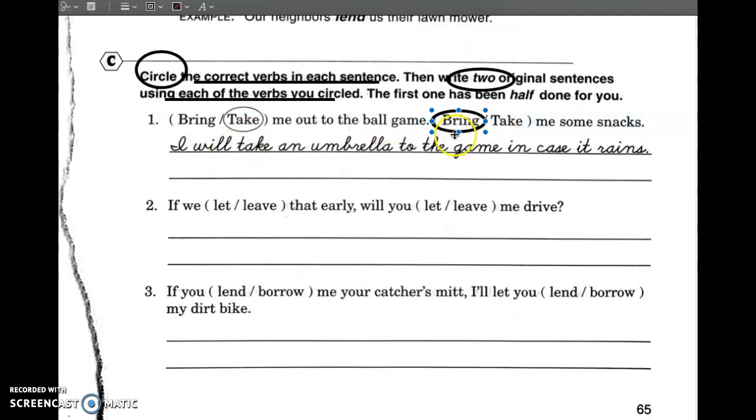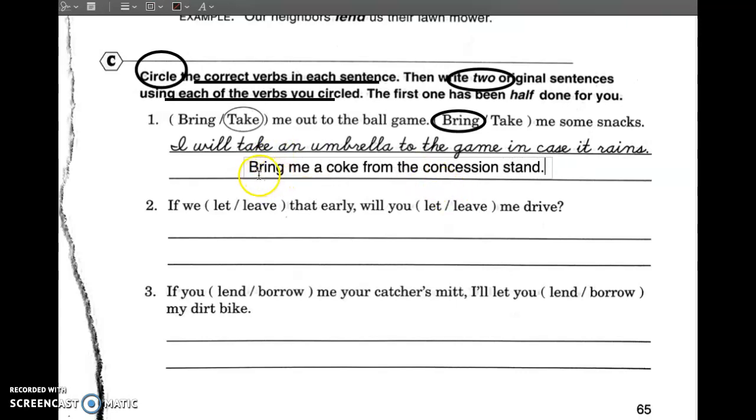The next one, let's do together. Bring or take me some snacks. Let's imagine that we're at the baseball game now and we're sitting in the stands and we're asking a friend to go to the concession stand for us. And we say, bring me a Coke from the concession stand.